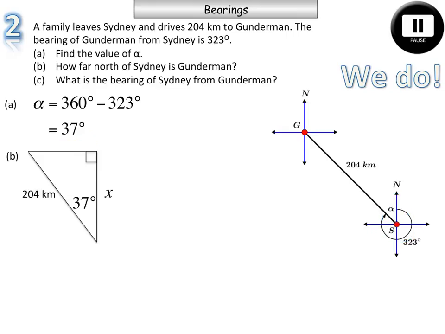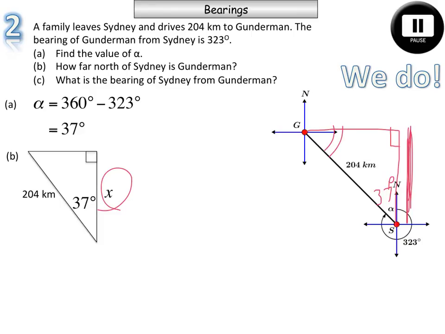Constructing a right angle triangle needs to be a right angle. We worked out that that was 37. We can work out that angle if we wish. That might help us out later. But we're working out how far north of Sydney is Gunderman, so we're working out that distance here.